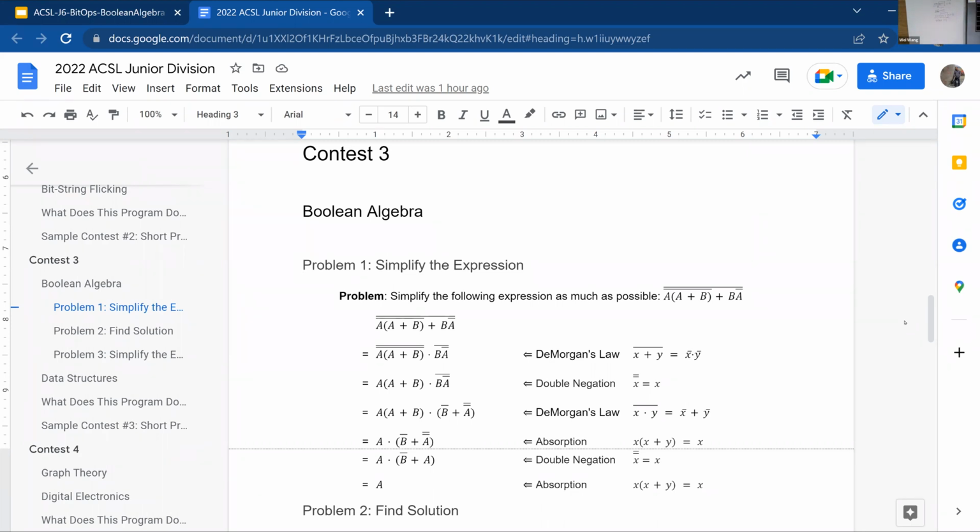So we can take the double negation off of this part, and that part becomes A and (A or B). This is the only change that I made here using the double negation law.